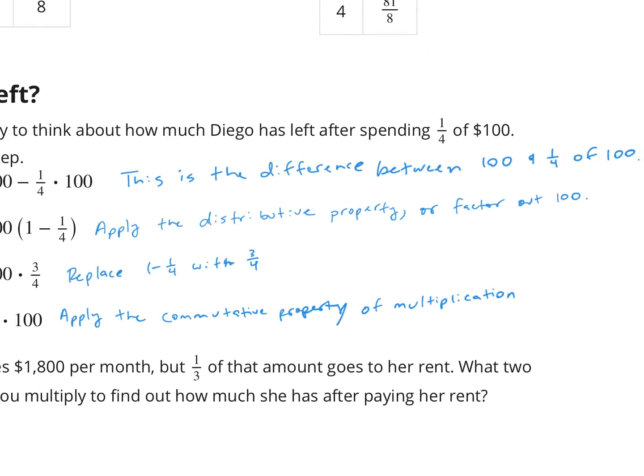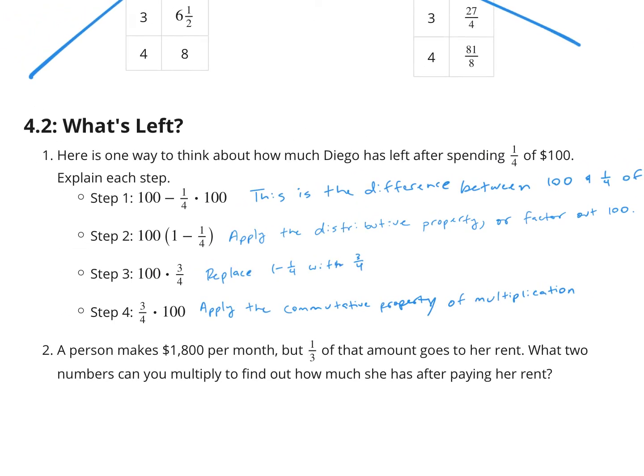So let's take a closer look at this problem. If we know that Diego is spending a fourth of $100 and we want to figure out how much he has left, we have to first take a fourth of 100 and then subtract that amount from 100. You can also rewrite that as 3/4 of 100.